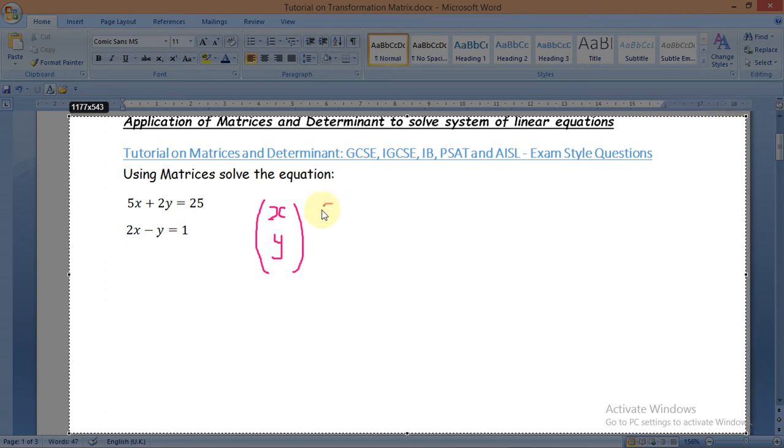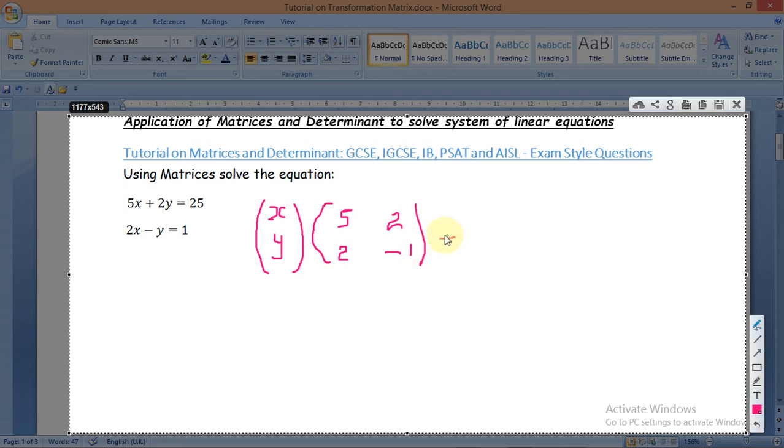Then multiply by the coefficients: 5, 2, then 2, minus 1. The coefficient of x here is 5, the coefficient of x here is 2, the coefficient of y there is 2, and the coefficient of y down is minus 1. Then equals the constants, 25 and 1.